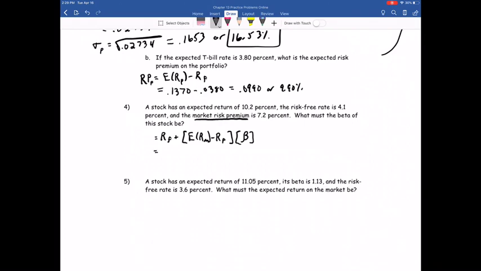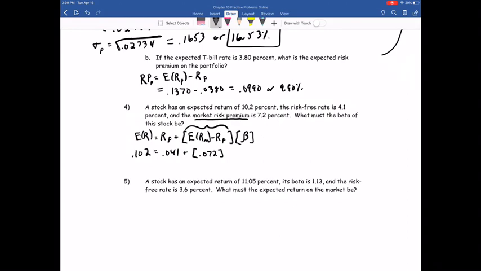So in this case, they say that we have a risk-free rate of, well, this would be the expected return. So this is your capital asset pricing model. We have the expected return, and that is equal to 10.2%. The risk-free rate is 4.1%. They tell me that the market risk premium, this entire parenthesis there, is 7.2%.